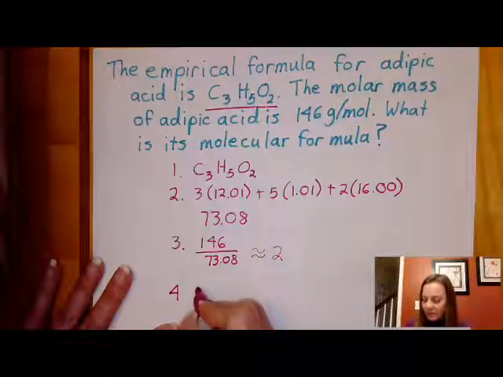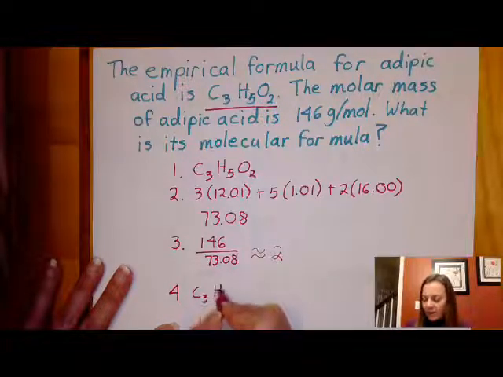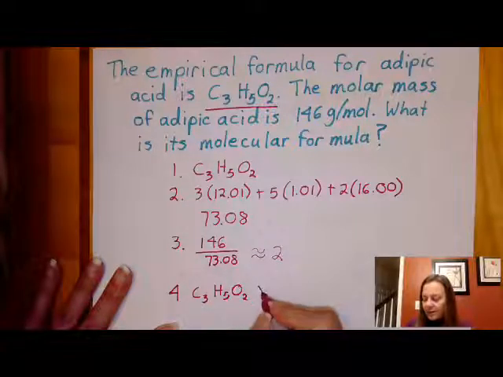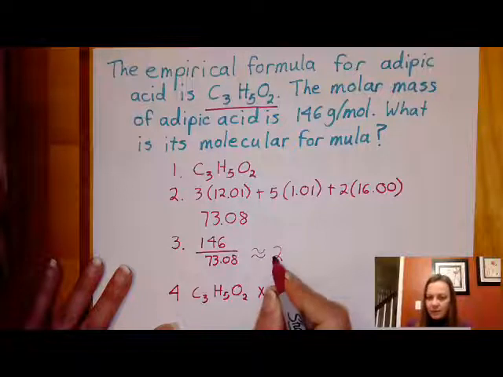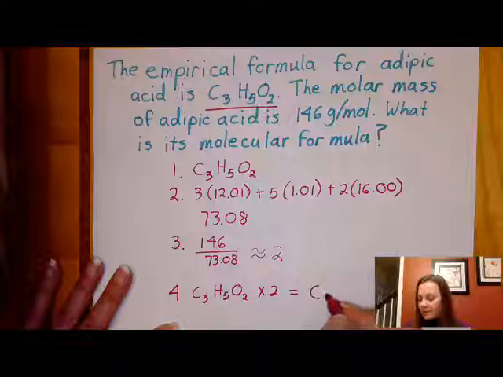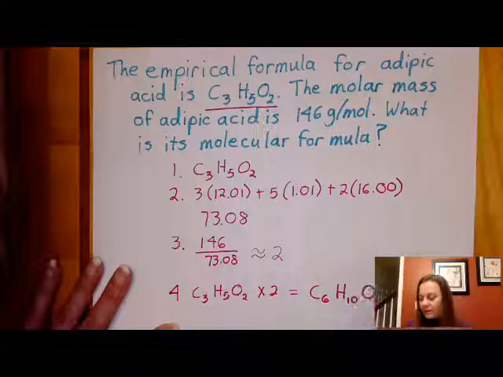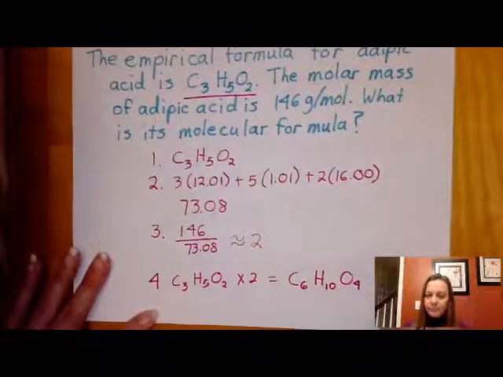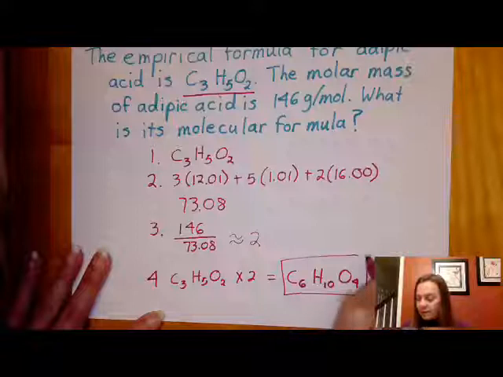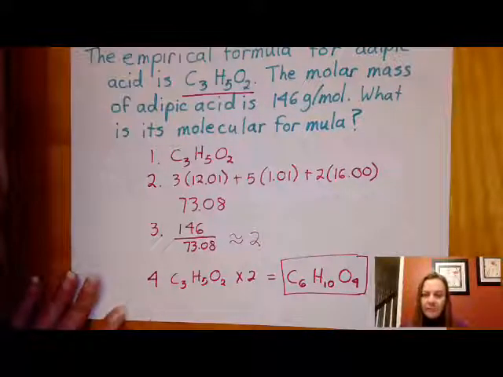So we started with C3H5O2, and we're going to multiply each of those subscripts by 2, because that's the number we just got here. And we're going to get C6H10O4. And so this is the molecular formula for adipic acid.